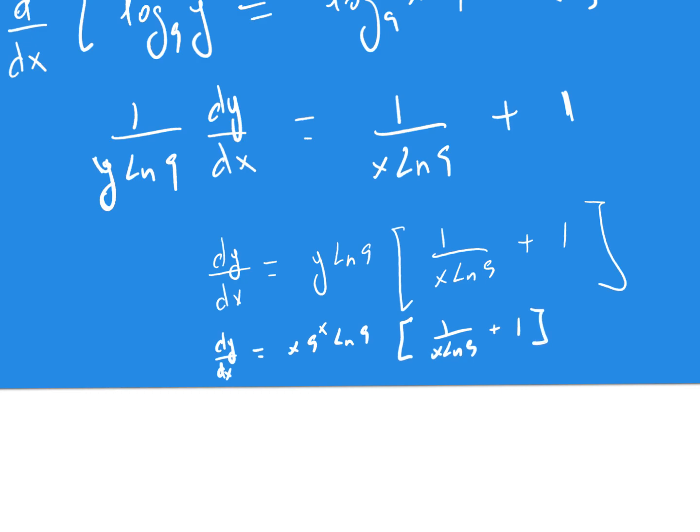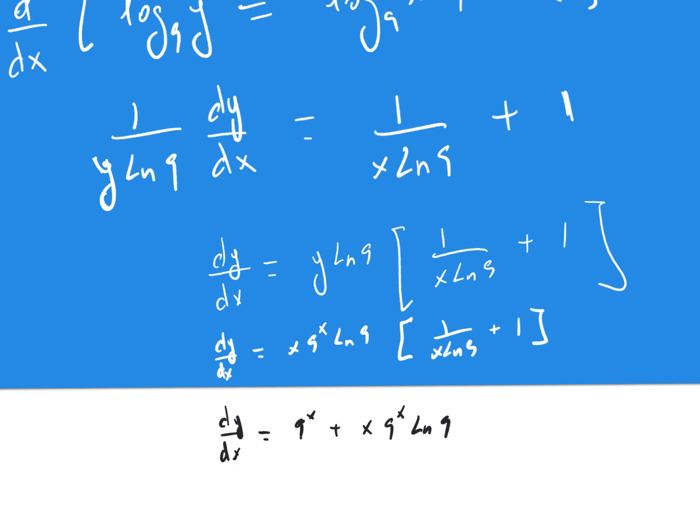And now let me see if this is the same as before. Let me check here. The derivative of y with respect to x will be, the x and the natural log of 9 will cancel. It will be 9 to the x plus x times 9 to the x times the natural log of 9.